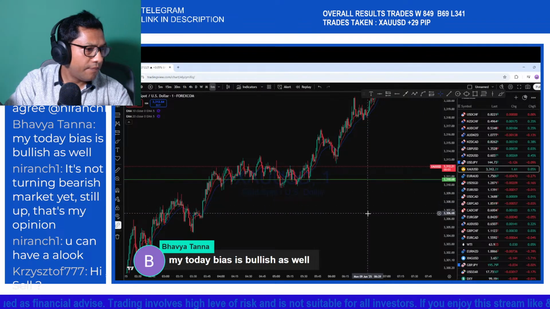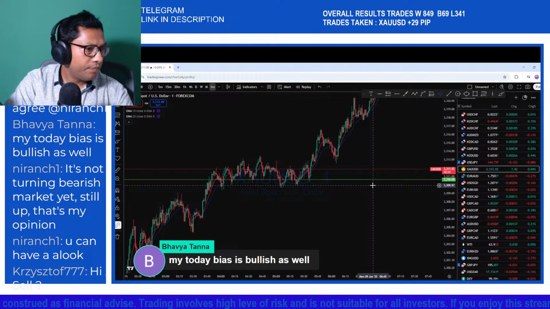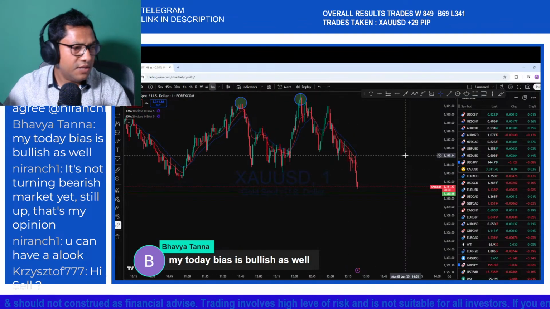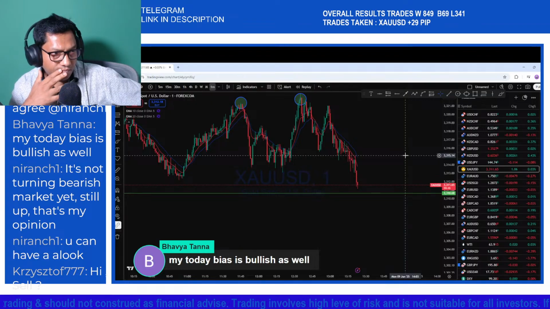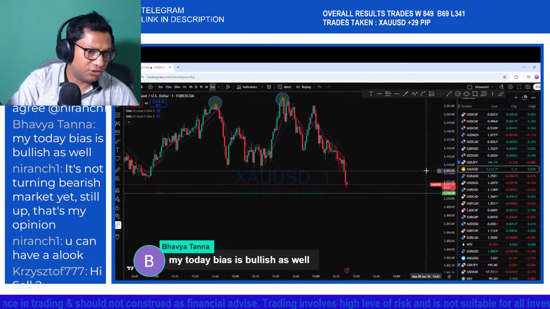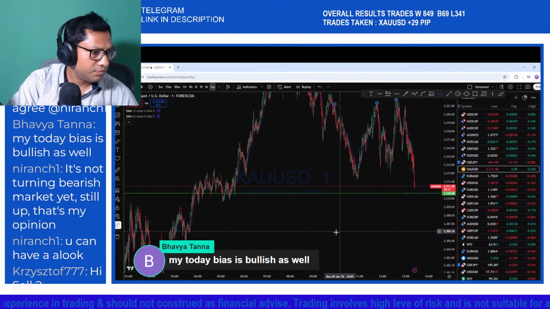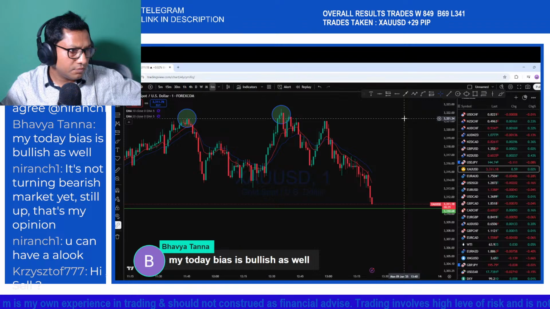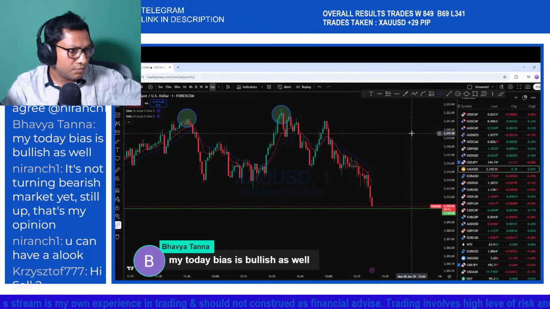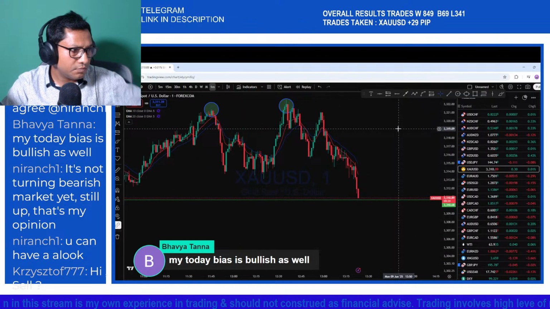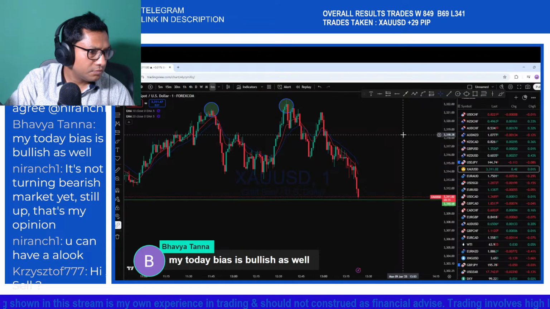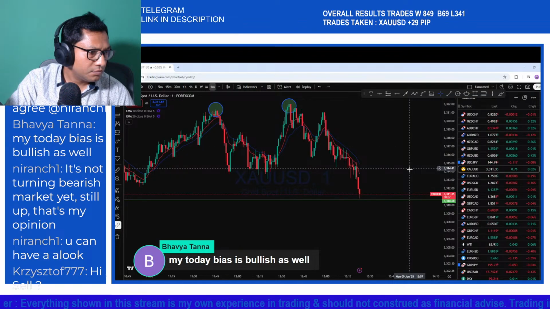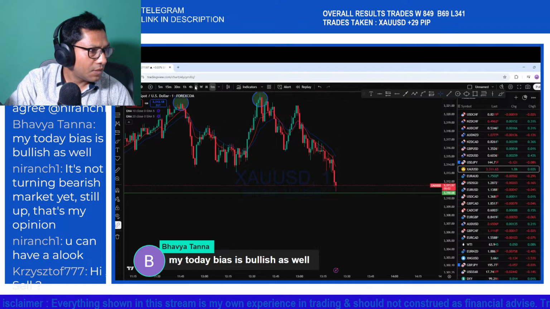So what you can see, you can see the market is in that trend, and I think we may see a deeper drop potentially, a drop to the daily support.